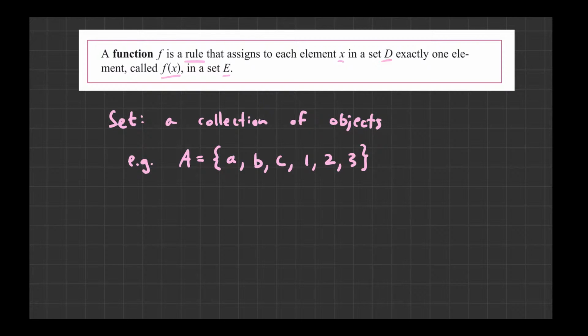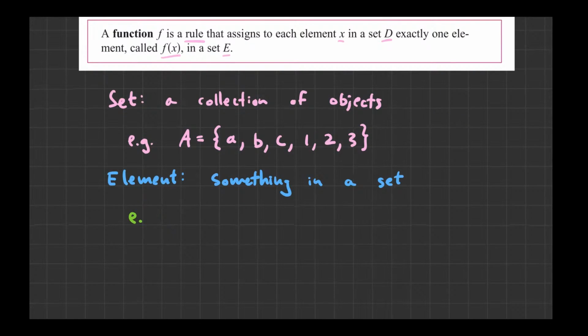Okay. We also have the word element. An element is just something that's in a set. Okay, so when we want to refer to the objects in a set, we refer to them as elements.